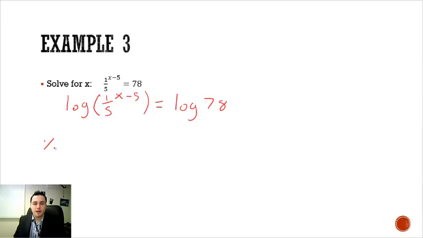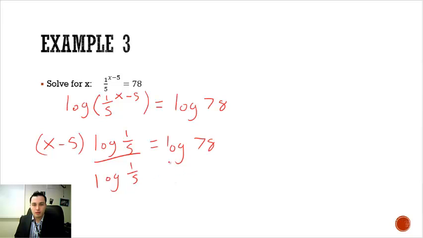Bring down the x minus 5, times log of 1/5 equals log of 78. Divide by log of 1/5. Okay, and then it looks like the last thing I would do again would just be to add 5.